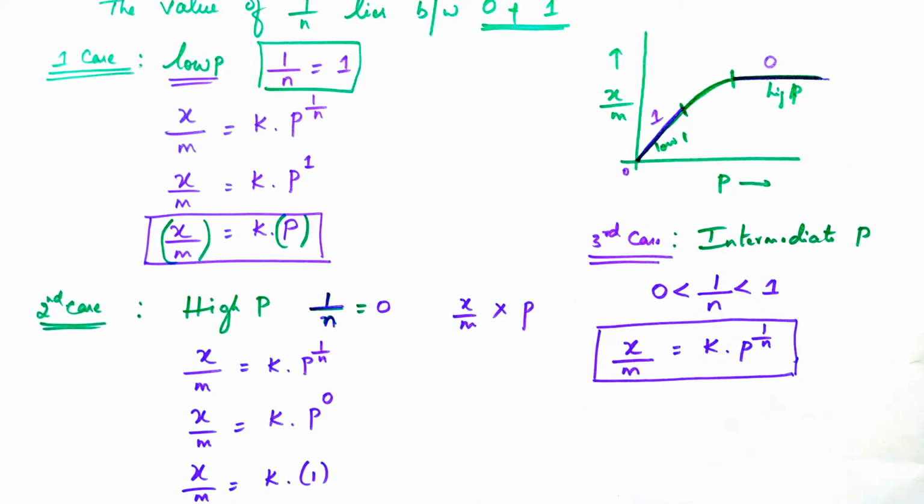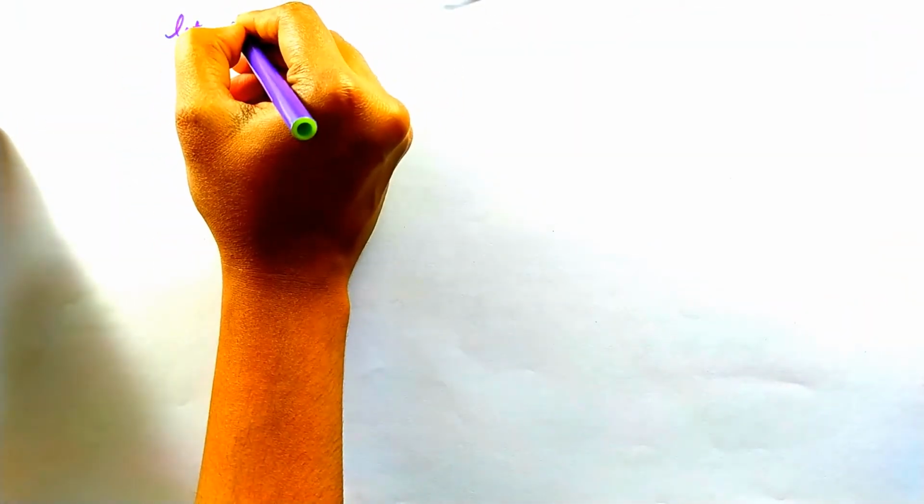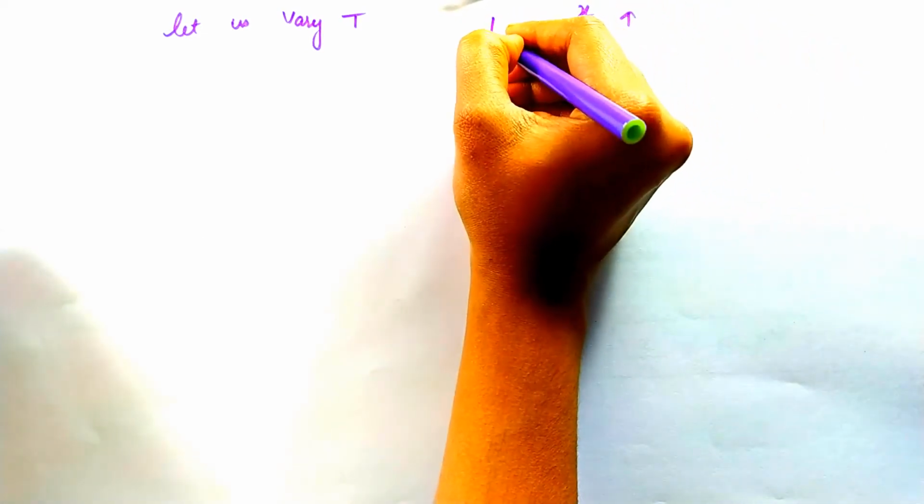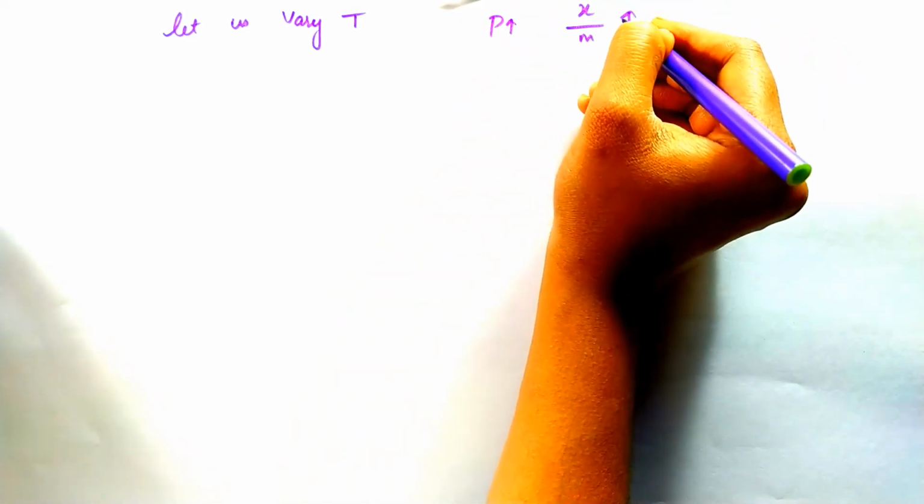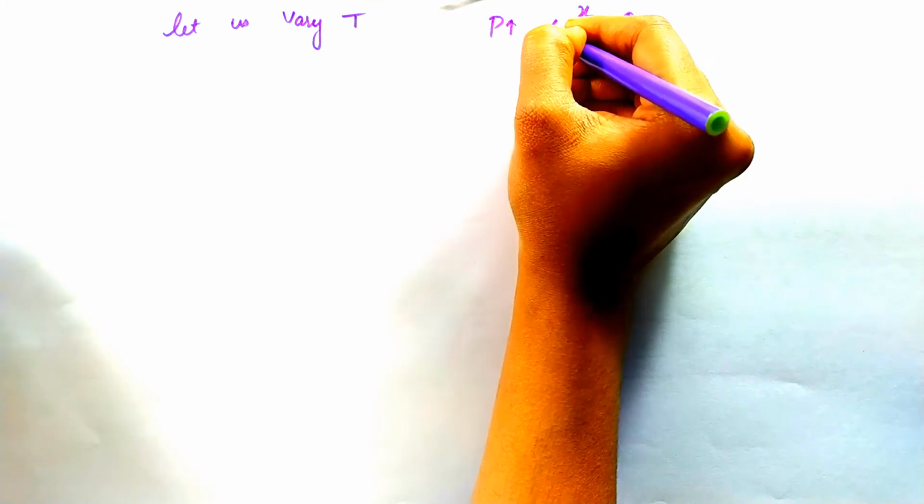By varying the temperature, you get one more graph. Let us vary the temperature. In the first graph, we observed that as the pressure increases, the extent of adsorption increases, which is directly proportional.